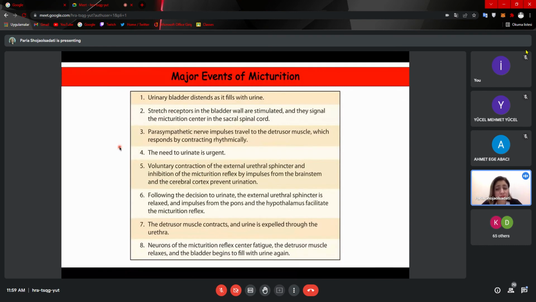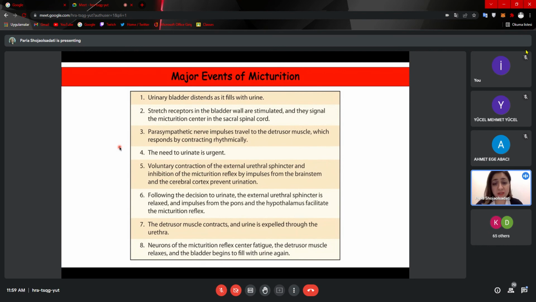Parasympathetic nerve impulses travel to the detrusor muscle, which responds by contracting rhythmically, and you feel the need to urinate is urgent.